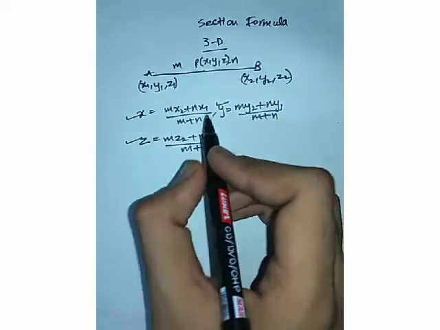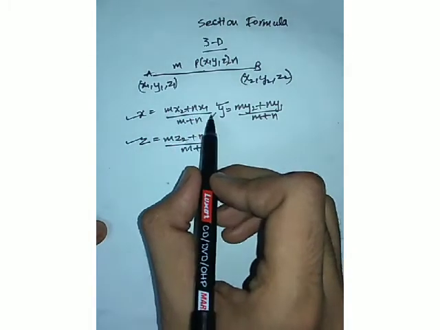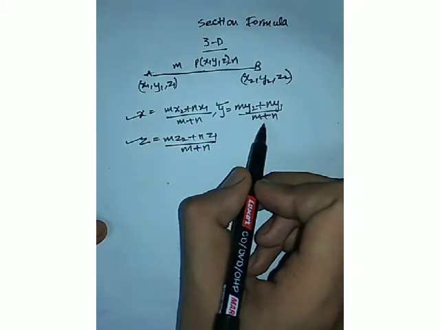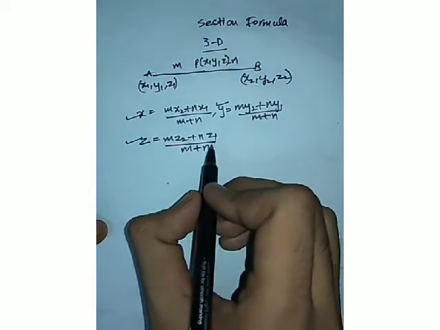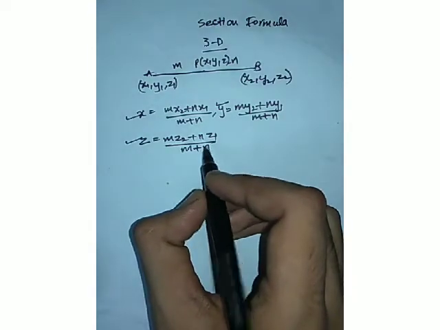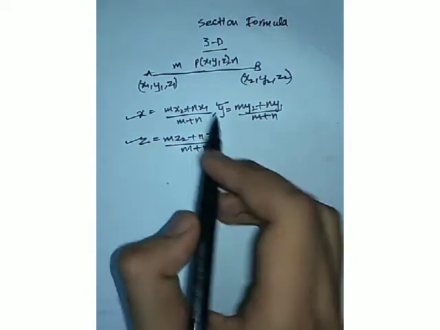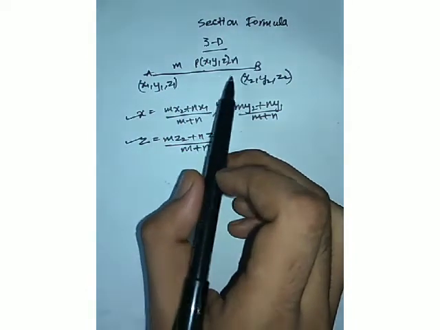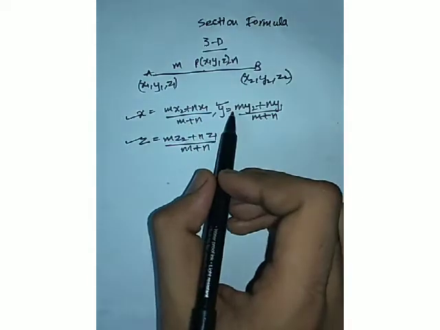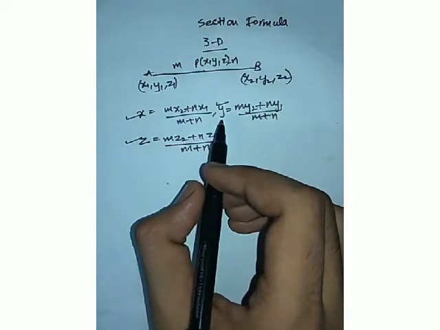Only this will be the difference, and your formulas will automatically become (mx2 - nx1) upon (m - n), (my2 - ny1) upon (m - n), (mz2 - nz1) upon (m - n). So just keep in mind that if the point is dividing the line internally, then n is positive, otherwise n will be taken as negative if it is given that the point is dividing the line segment externally, right?